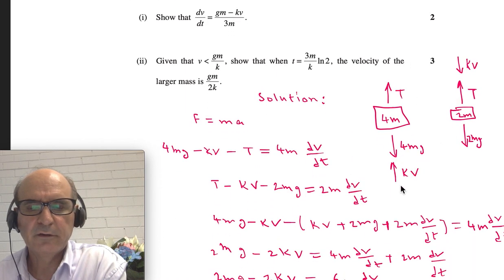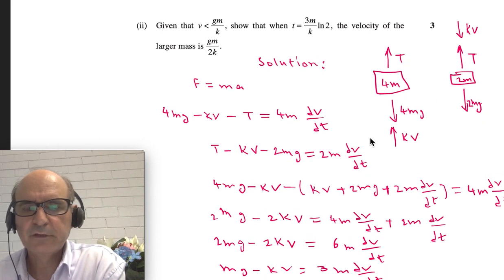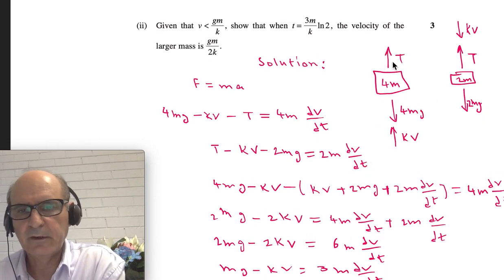If I write the net force, I start with the force causing acceleration, which is 4mg, minus the forces resisting that, kv minus T, equal to mass times acceleration. Its mass is 4m, and its acceleration is dv/dt. That is for the larger mass.